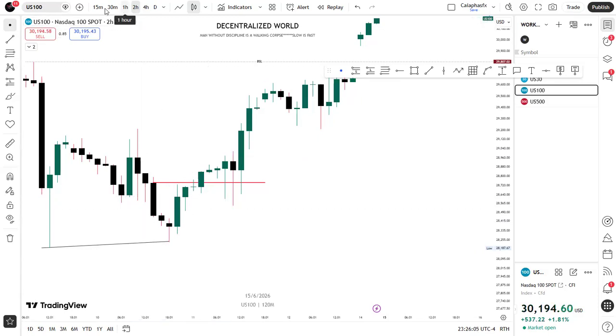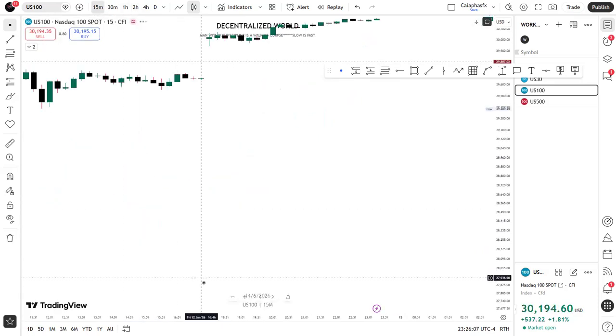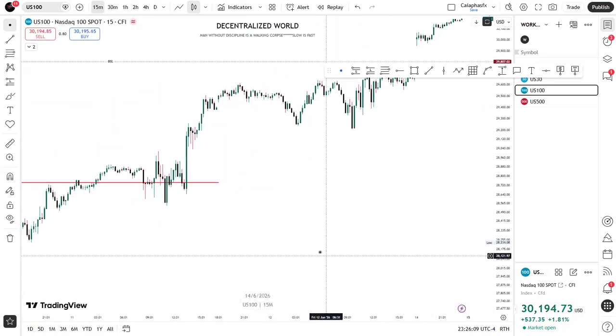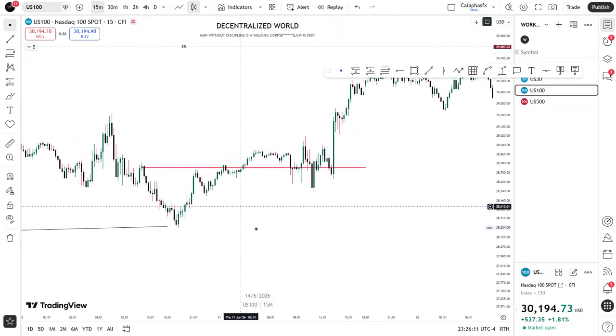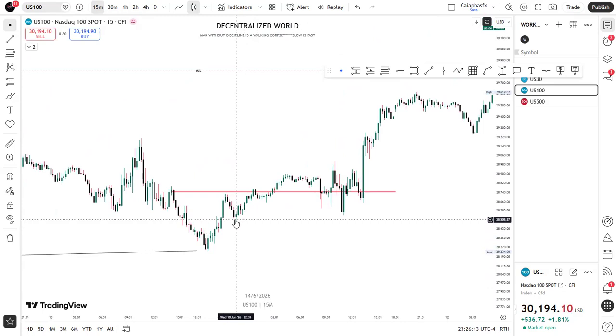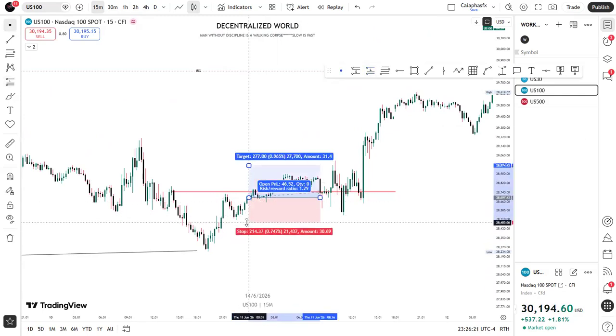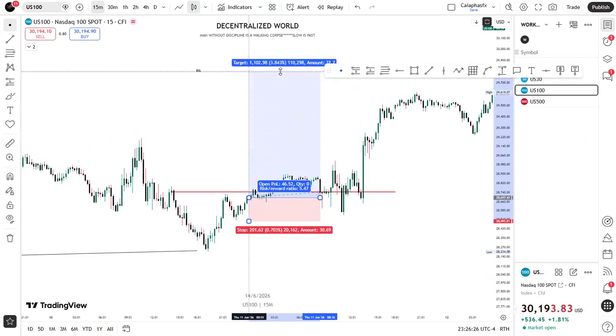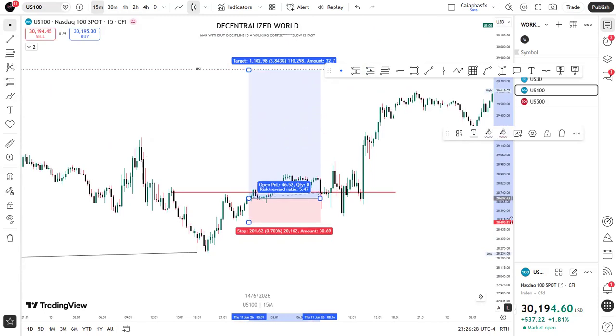Now, let me use this 15 minutes for instance. When I got an entry from this point, my low was here. Let's say this was the price target, right?